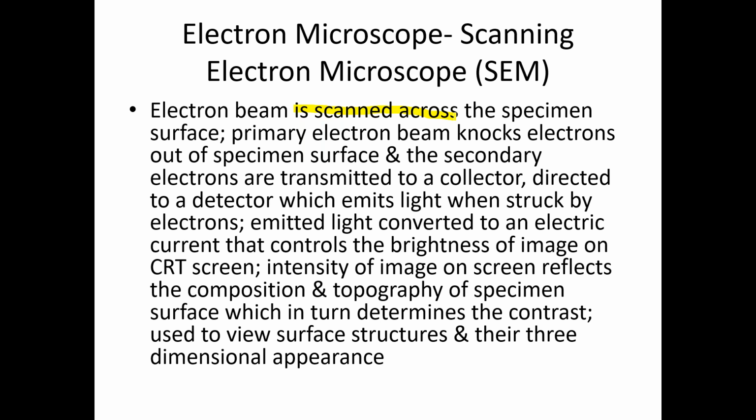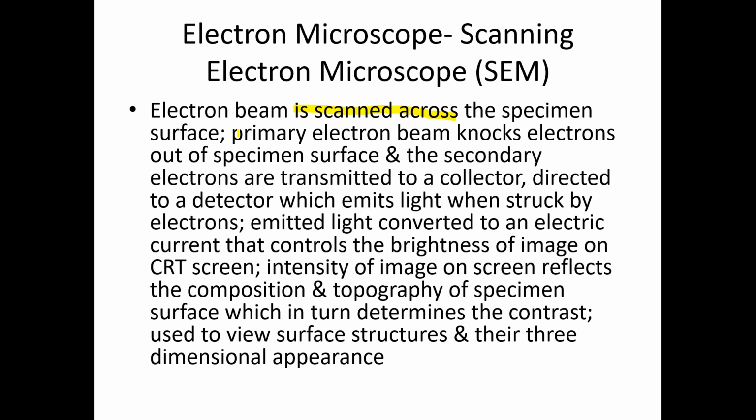So not just transmitted, it is scanned across the specimen surface. So what is happening here? First of all, similarly to there, you will have a hot tungsten filament and a beam of electrons is produced. This primary electron beam knocks electrons out of the specimen.